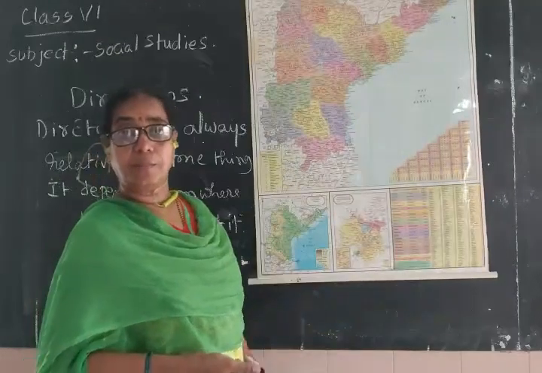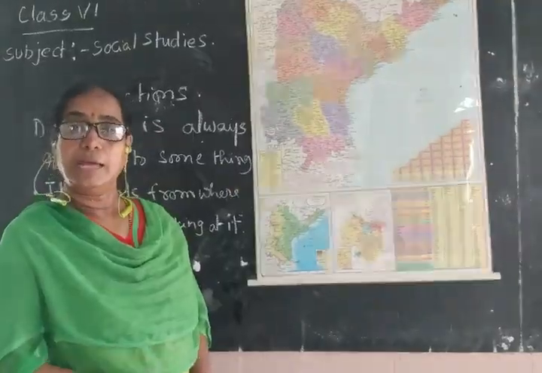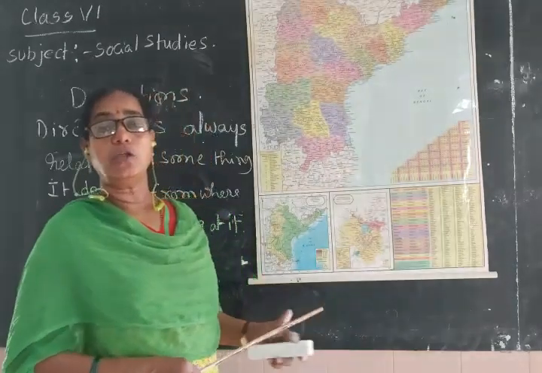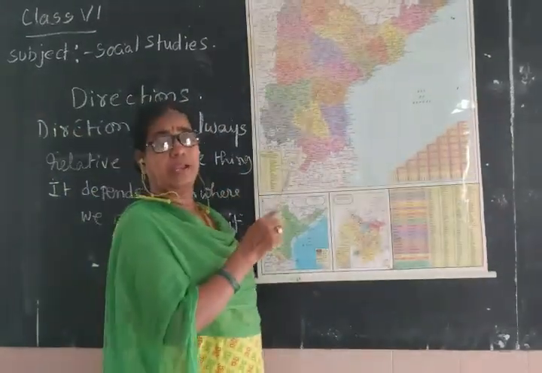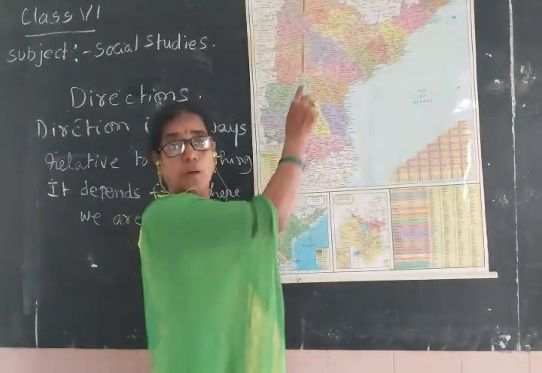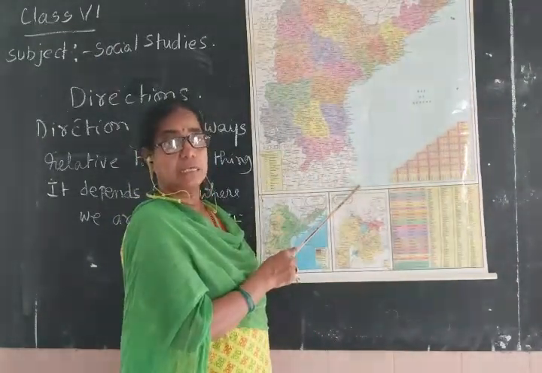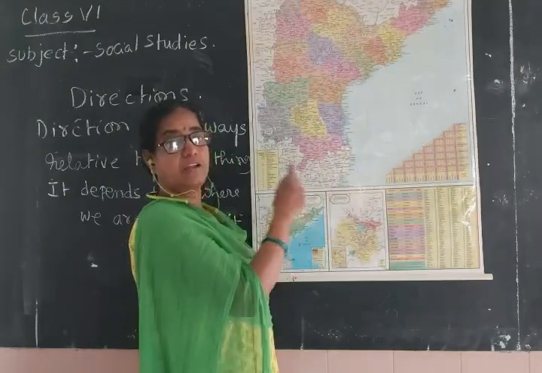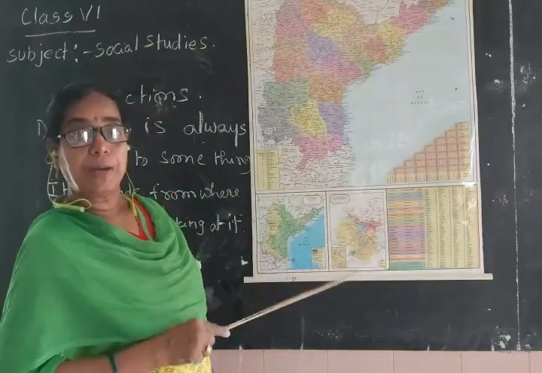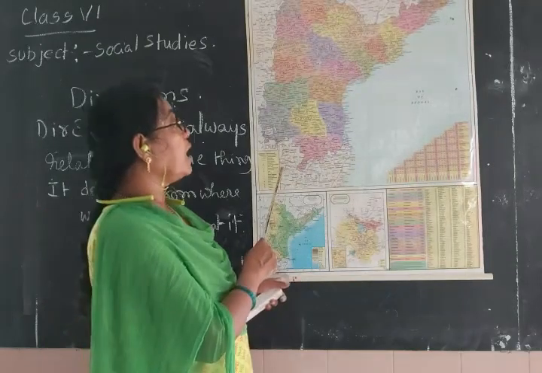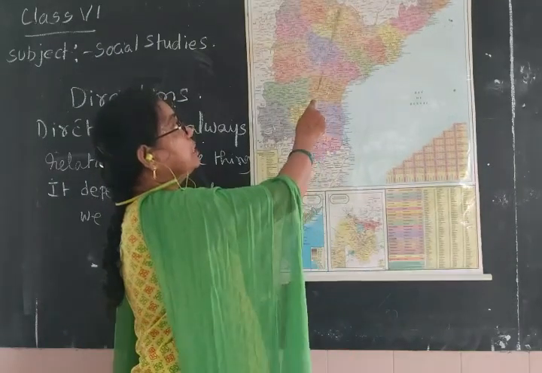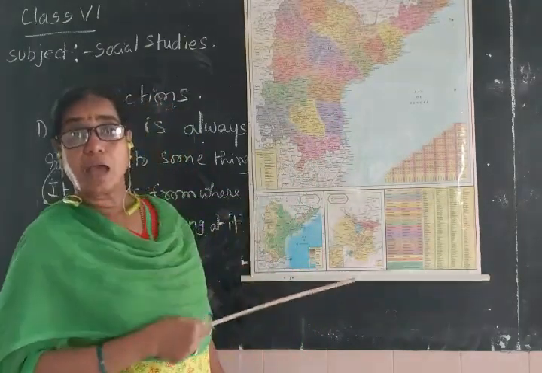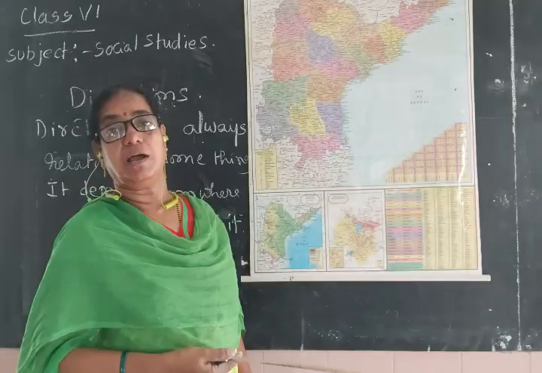If you take the India map also, the top side is north, bottom side is south, right side is east, left side is west. But what is on the north side of Andhra Pradesh? On the north side Chhattisgarh and Odisha will be there. Is it or not? If you take the India map, on the north side the Himalayas are there.